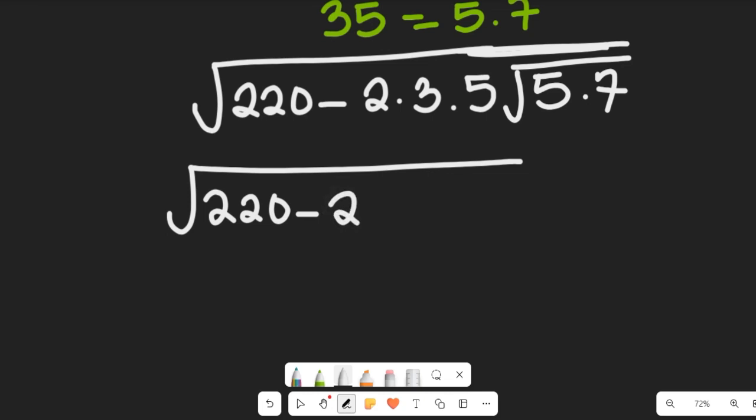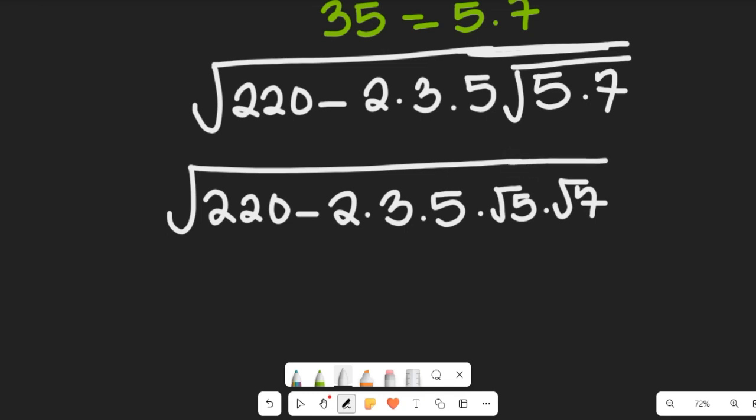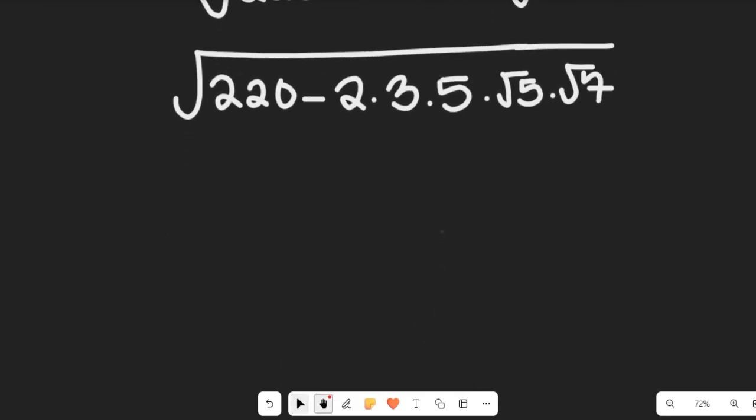Minus 2 multiplied by 3 multiplied by 5 multiplied by the square root of 5, right? Multiplied by the square root of 7. That is permitted.